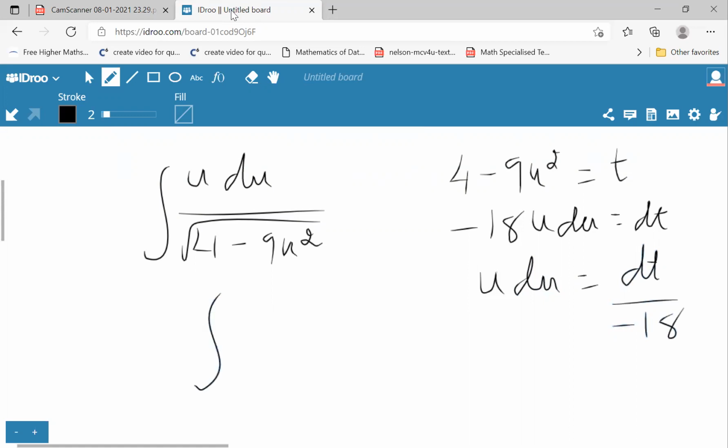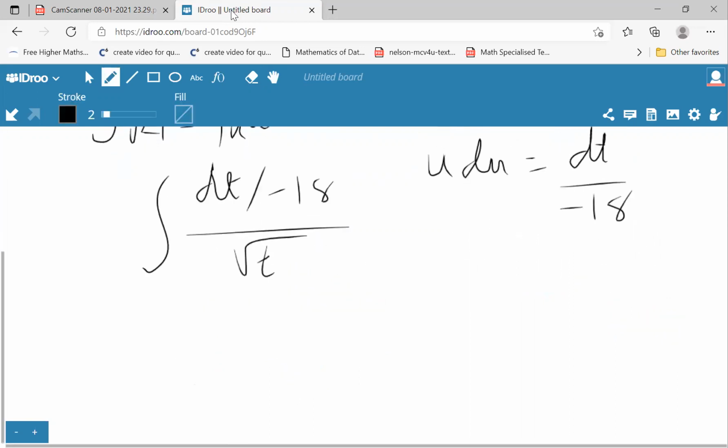Now substituting for u du, we'll get dt by minus 18 divided by root t. You can take minus 1 by 18 outside, which gives t to the power of minus half dt.